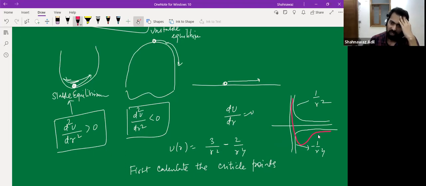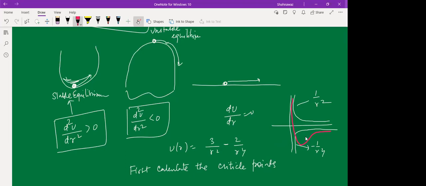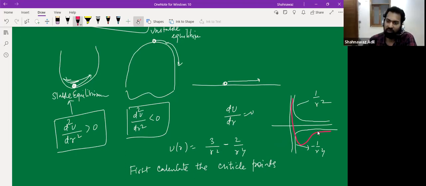Can you tell me by looking at this graph how many equilibrium points will be there? So 2. Right, 2. This one, the neutral one, and this one, the stable one. If you put a particle in here, it will roll down and come here, so this will be the stable part, and if it comes here, then there are 2 equilibrium points.